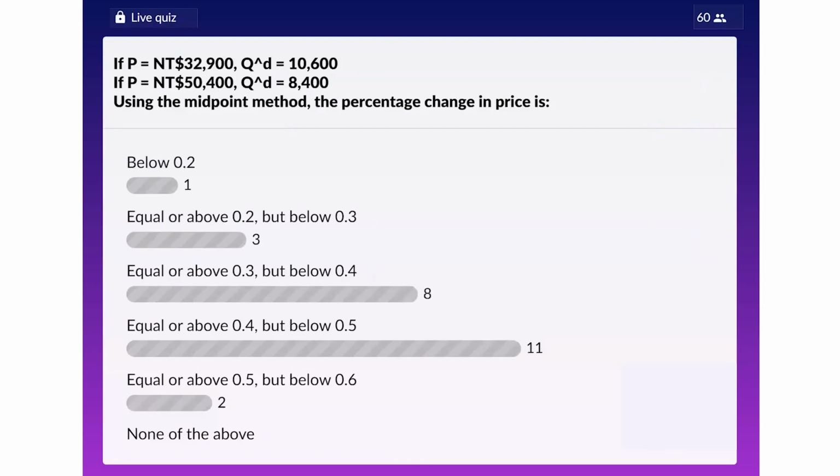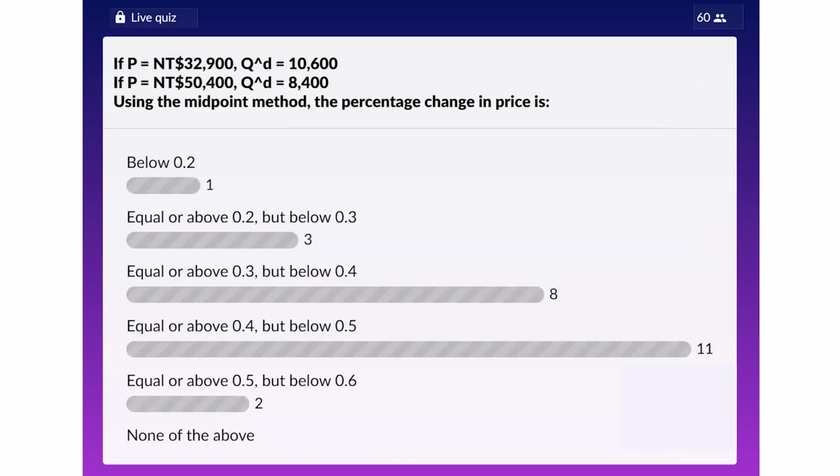All right, so here are some of the answers. You might still be doing your calculation, but the majority say somewhere between 0.4 and 0.5. And the answer is yes, it is.